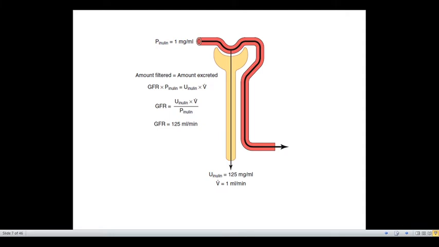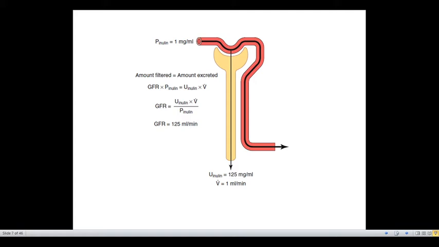This figure shows the renal handling of inulin. In this example, the plasma concentration is 1 milligram per milliliter. Urine concentration is 125 milligrams per milliliter, and urine flow rate is 1 milliliter per minute.